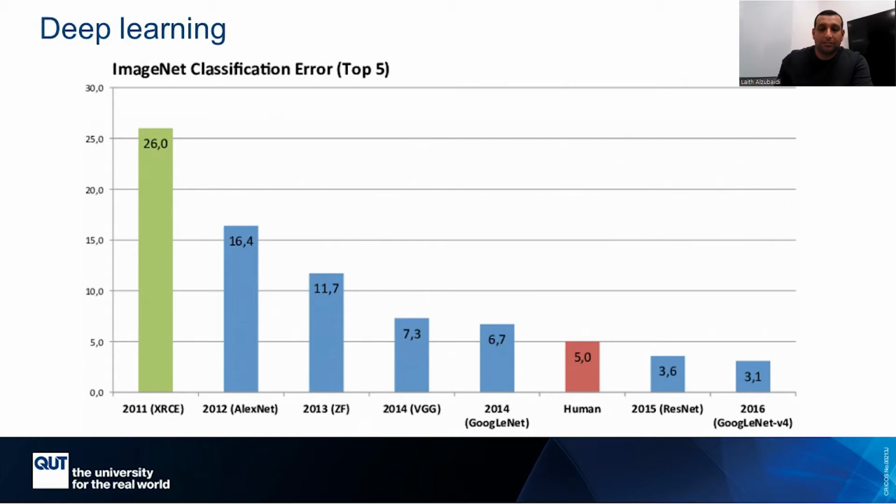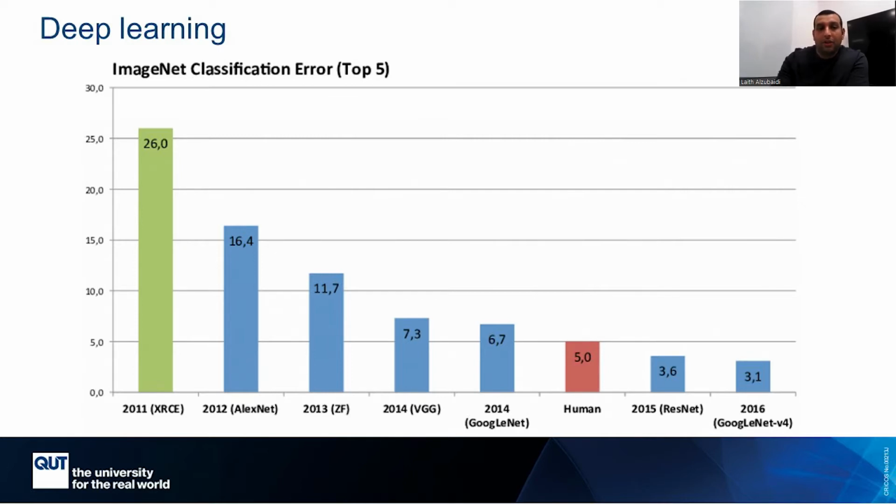And at a certain point, the deep learning ResNet model showed a performance even better than a human, which motivated people to start thinking about how to develop these types of algorithms in order to have a good performance. This data set currently has almost 14 million images. So deep learning can deal with that huge number of images.